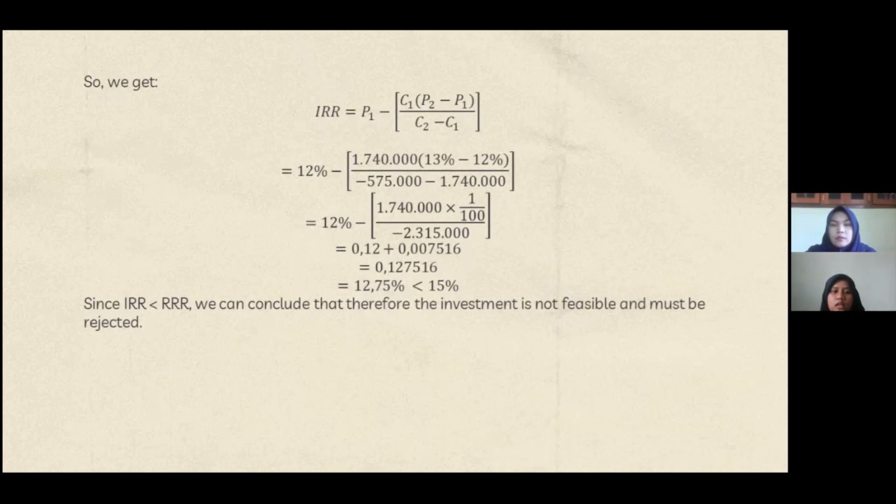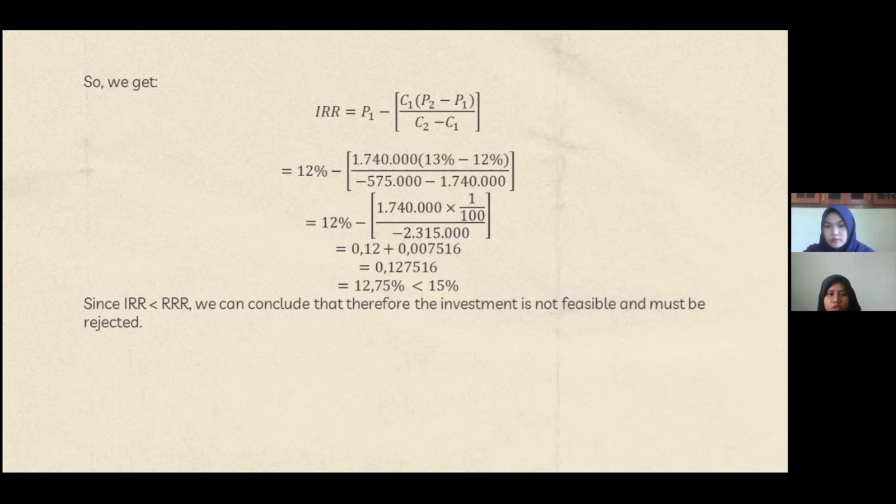Then the IRR is equal to 12% minus 1,740,000 rupiah times 13% minus 12% over minus 575,000 rupiah minus 1,740,000 rupiah.